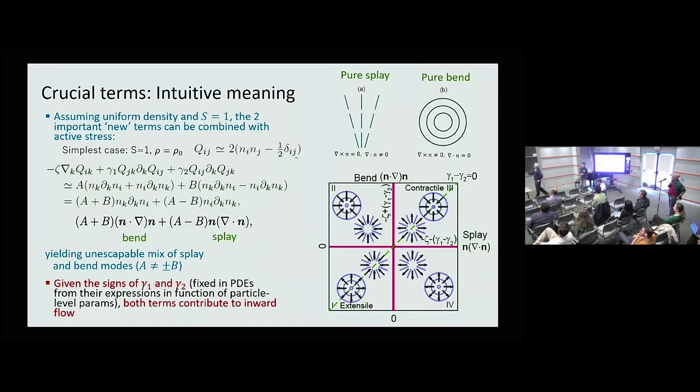So your combination B. These two terms in this director representation have the same term, and then this becomes gamma 1 minus gamma 2. Okay. So if the density and the Q don't affect it, the two terms give the same contribution. Okay. Just the sign is different. Right. Okay.